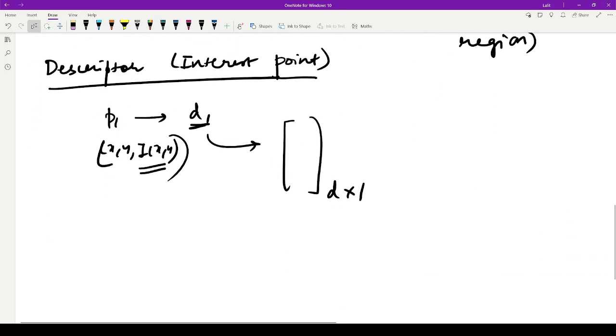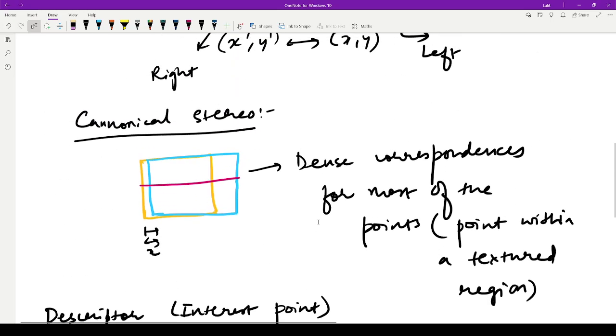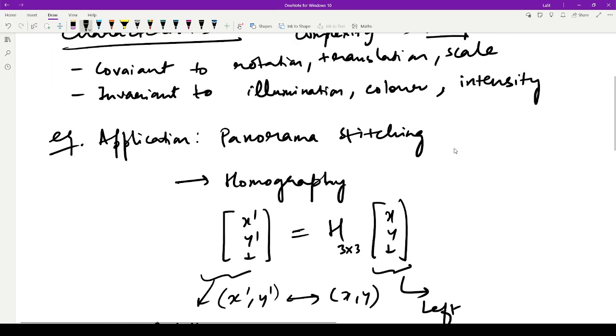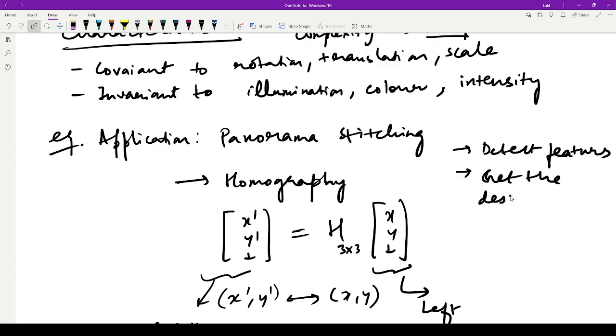Okay. So once you have features, what you do for panoramic stitching is first you detect features, and then the next step is to get the descriptors. With features, what I mean is the interest points.